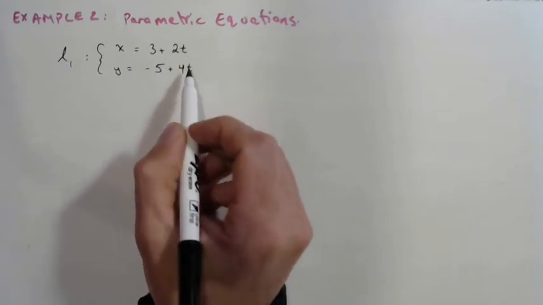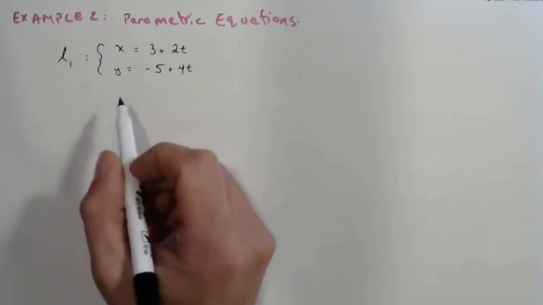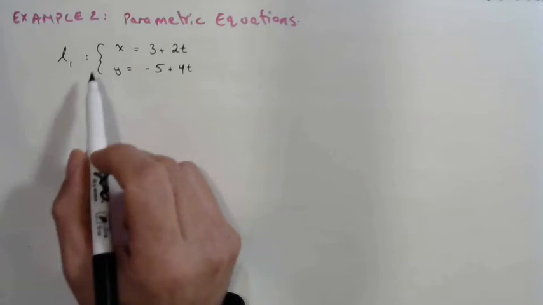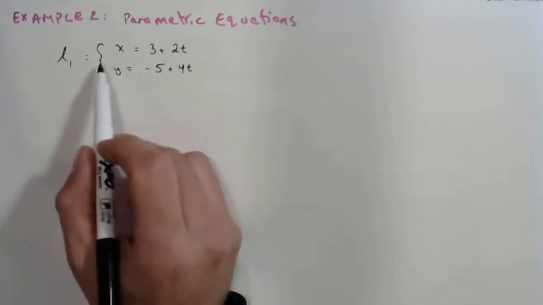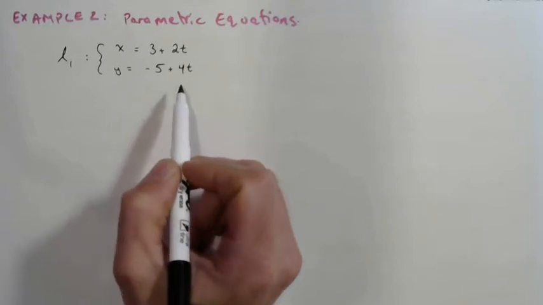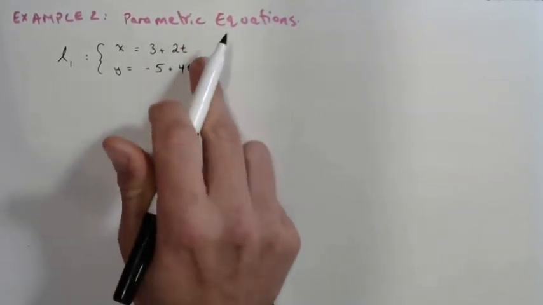This is our parametric equation for one line. This is not 2 lines, it's one line split into its x components and y components based on the scalar multiple t, position, and direction.